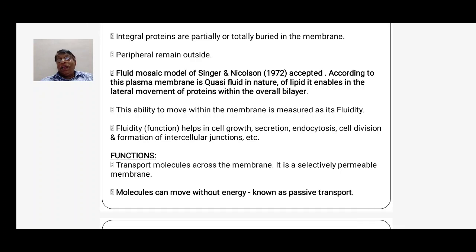It's a widely accepted model to explain the structure of the cell membrane.